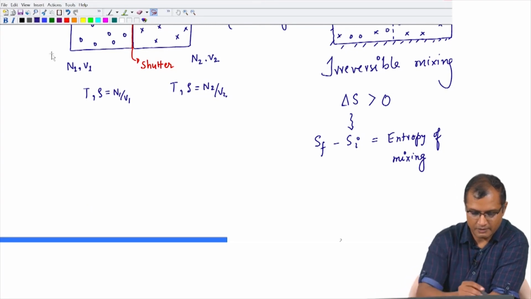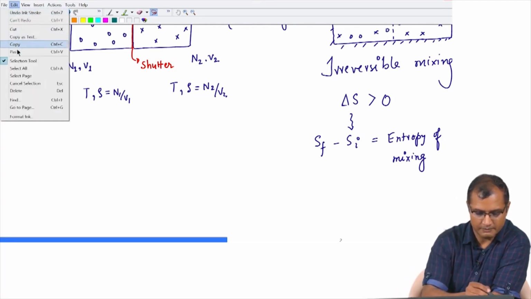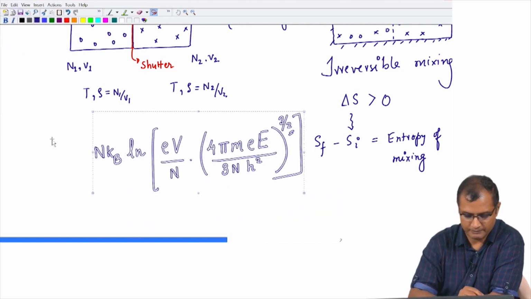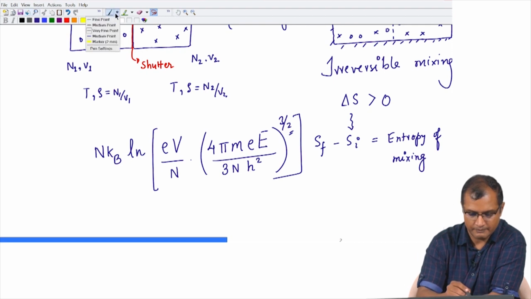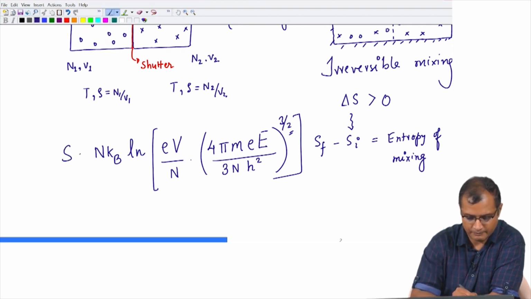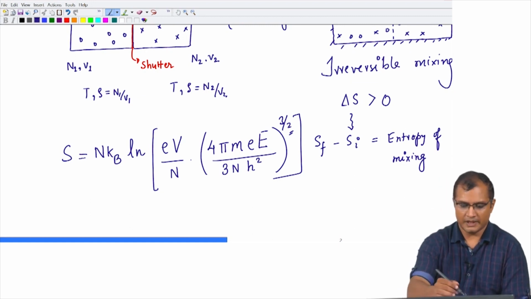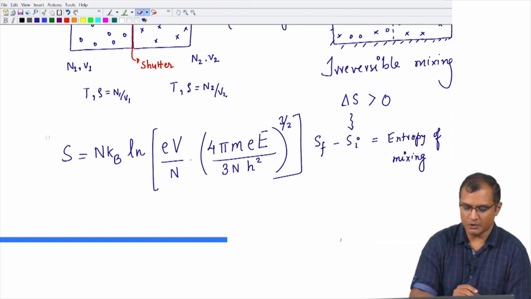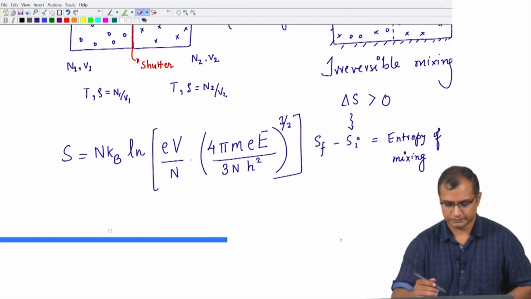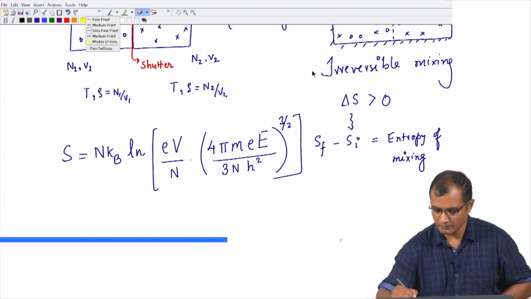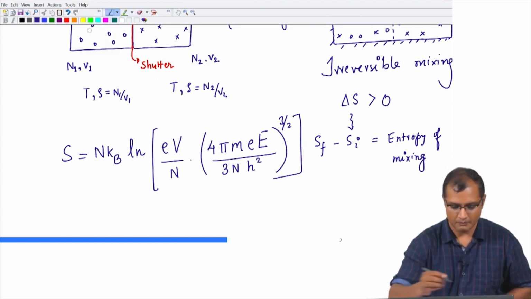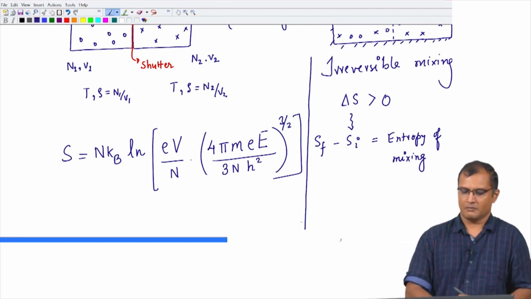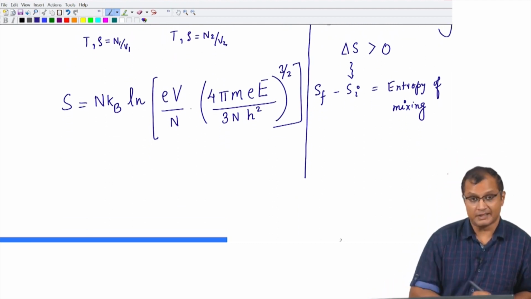so I can use this expression here. Okay. So, I can use this expression to compute the entropy of mixing.